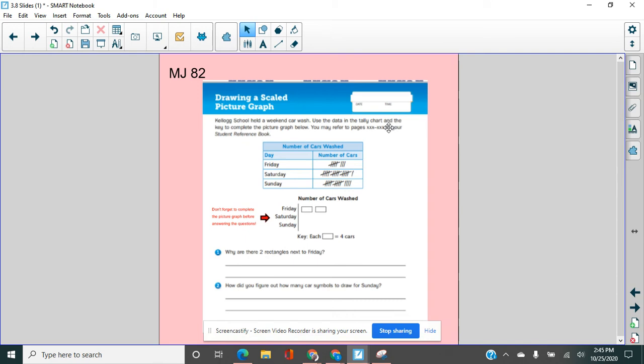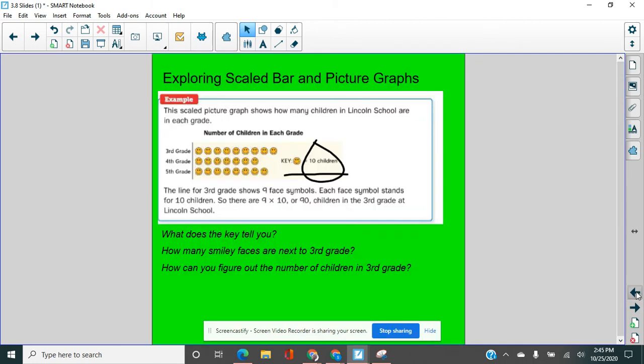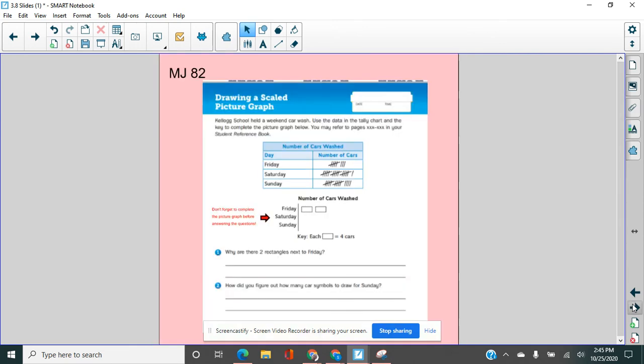Use the data in the tally chart and the key to complete the picture graph below. You may refer to pages in your student reference book. If you want to look back, you're probably going to want to look back at the video rather than get into your student reference book. Hey, and so don't forget to complete the picture graph.